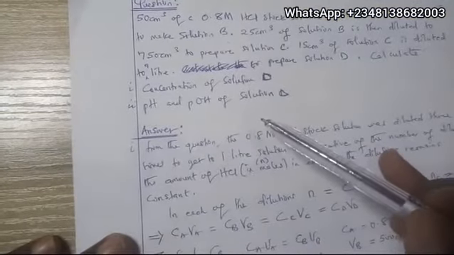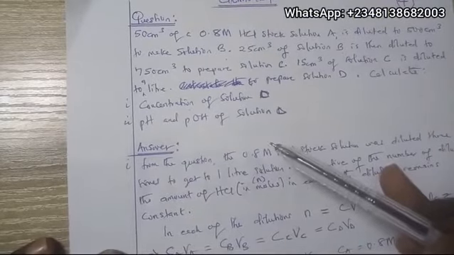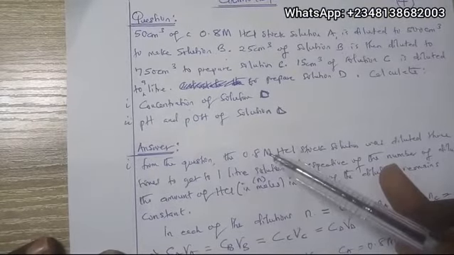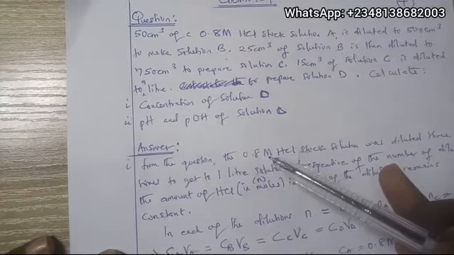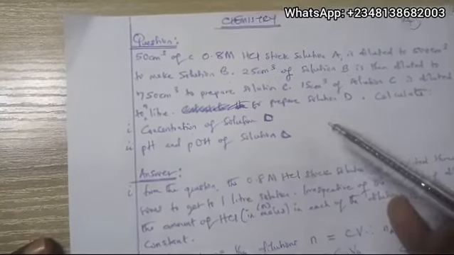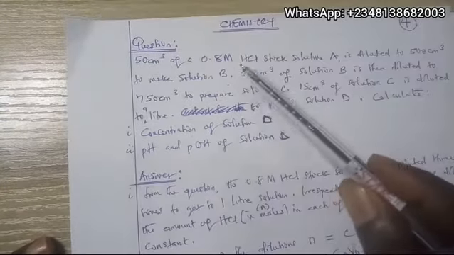Do you know why? Because no extra hydrochloric acid was added, neither was hydrochloric acid lost. So it is the same amount of hydrochloric acid, in this case in moles, because we are dealing with mole per dm³.